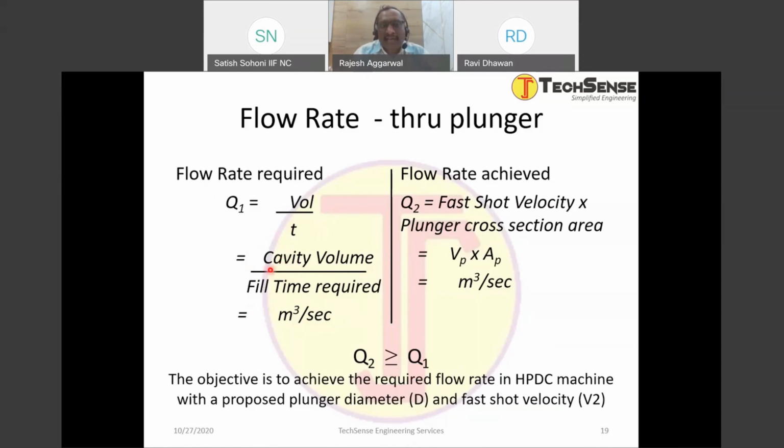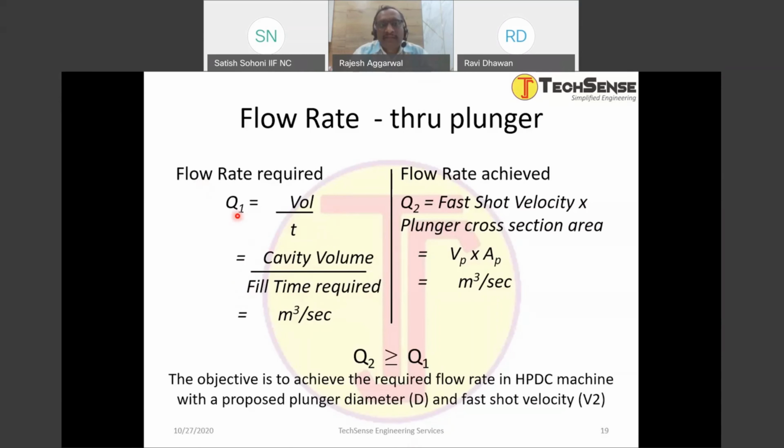The cavity volume I have mentioned is the cavity volume after the gate, meaning it will include any overflows, chill vent, riser, or whatever I have provided after the gate. The fill time required comes from the previous calculation, which depends on the casting thickness. So depending on the casting thickness we get this fill time required, and this is the cavity volume after the gate. That's how we get Q1.